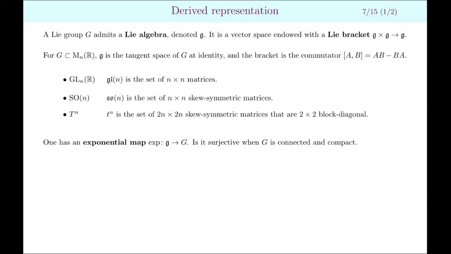This is an anti-symmetric bilinear operator with another axiom that I don't even need to introduce here, because in the case of matrix groups, all of this is very explicit. If G is a subset of matrices, you can understand the Lie algebra as the tangent space of G at the identity when you see G as a submanifold of the matrices. And this bracket will simply be the commutator of matrices. All right.